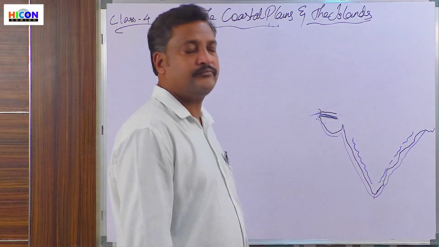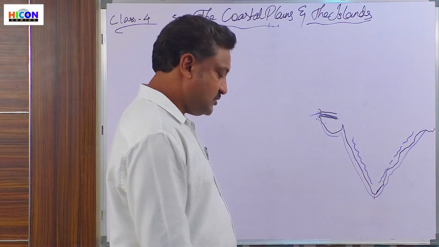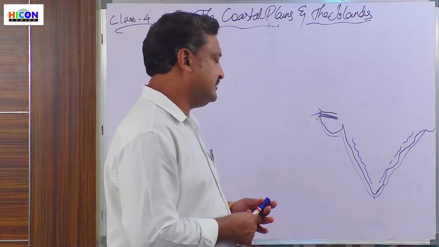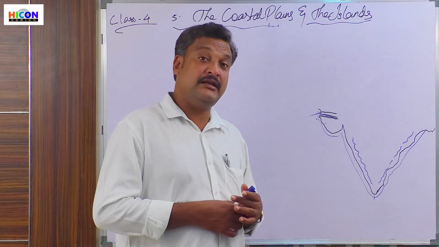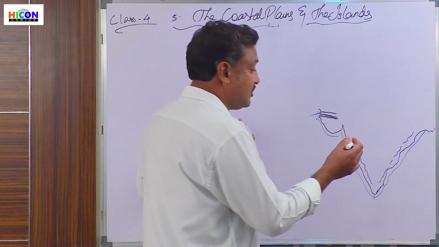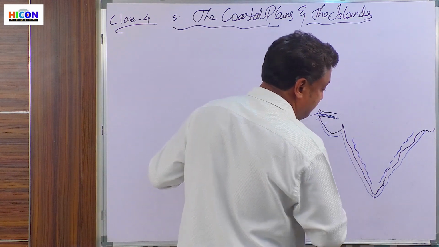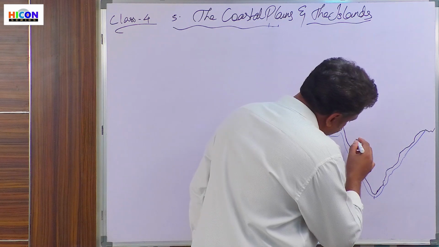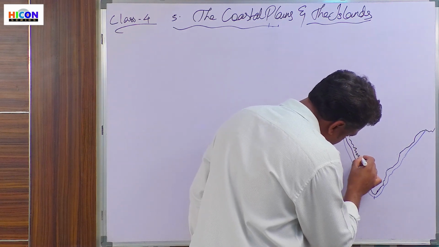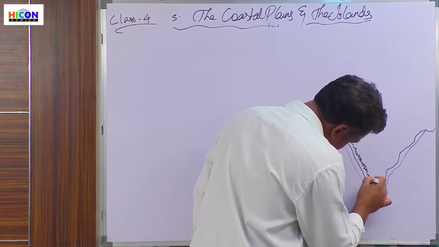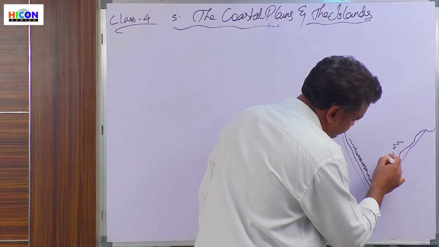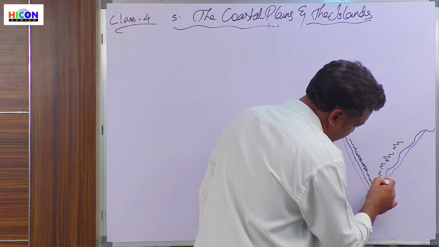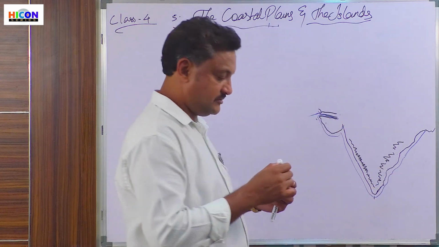Right? Yes. So now we need to understand that there is another physical feature which lies in between the coastal line and these mountains. Okay. So we have the Western Ghats and these are the Eastern Ghats, right?